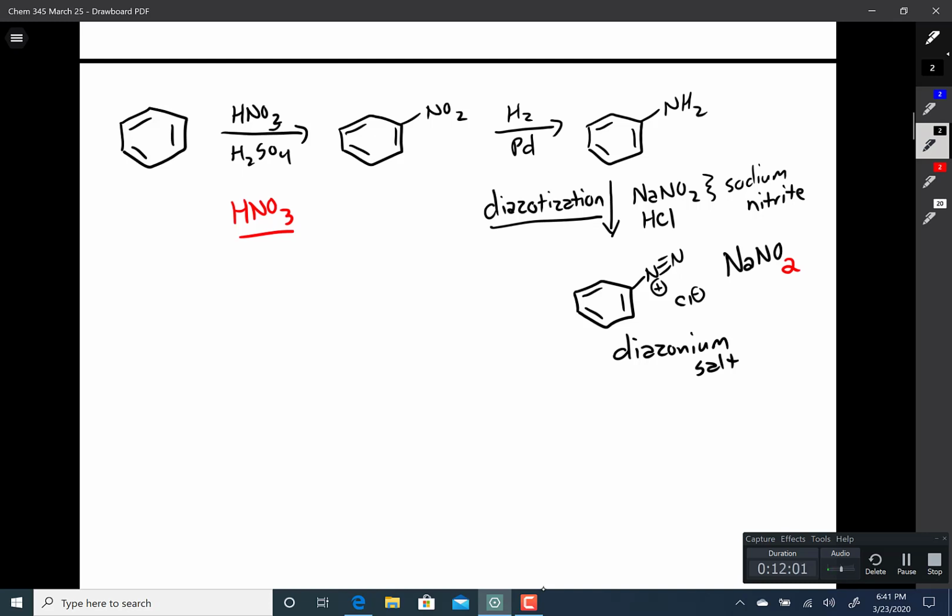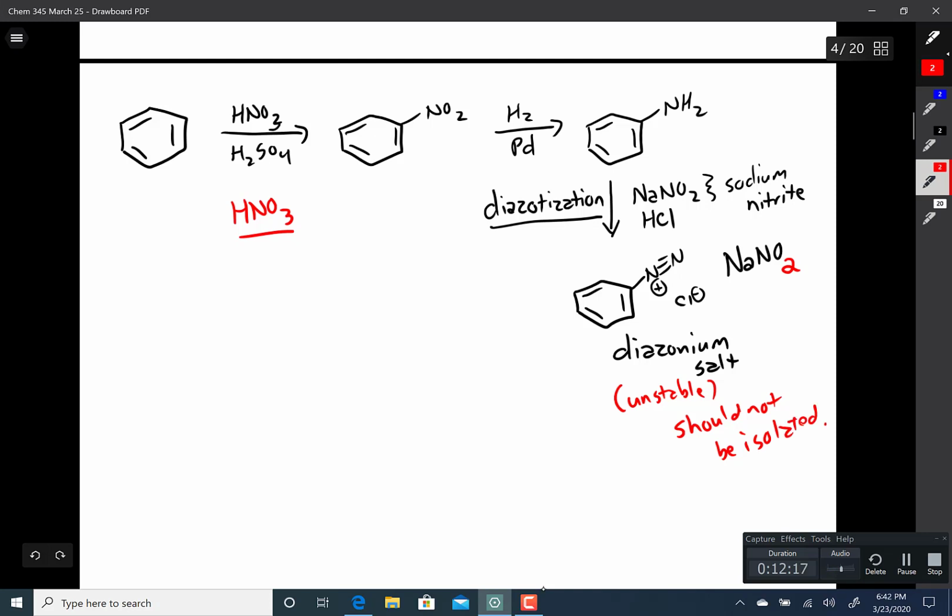These things are unstable and should not be isolated. They tend to go boom.